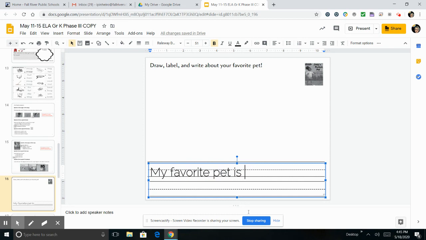So you need to write what your favorite pet is. Miss Pinedo is not going to write anything here, because it has to be your favorite pet. Just remember, sentences start with the capital letter and they end with a period. So when you write or type your answer, make sure you also write or type the period at the end of the sentence.